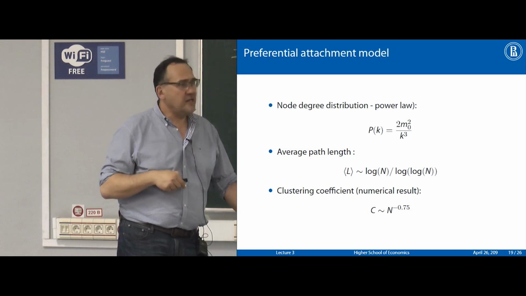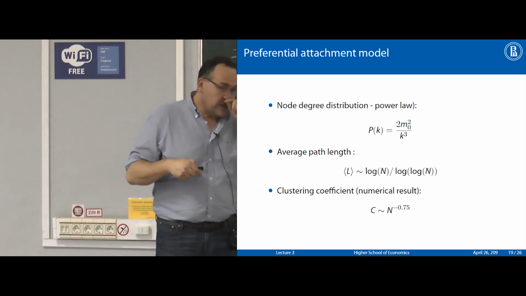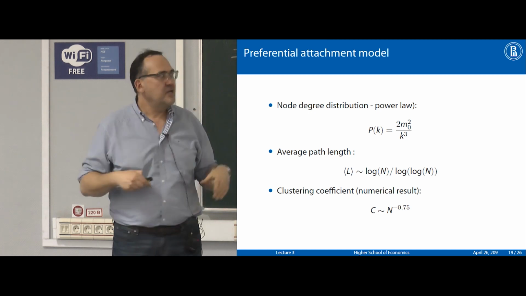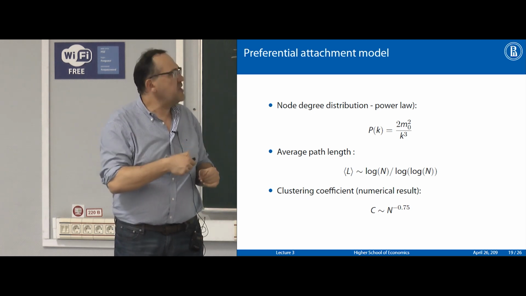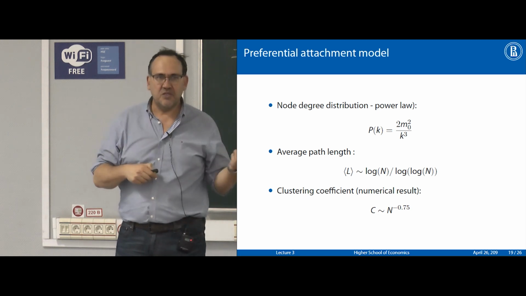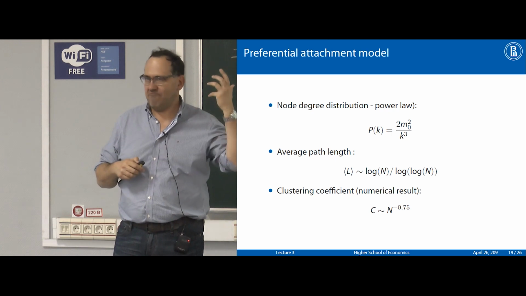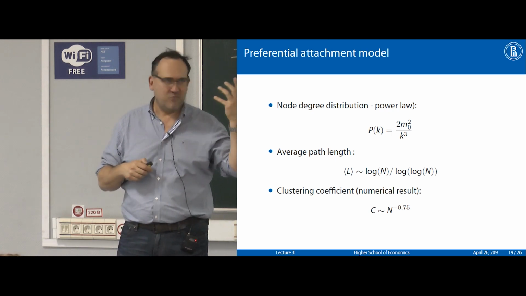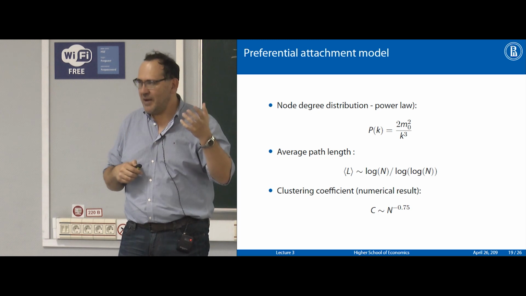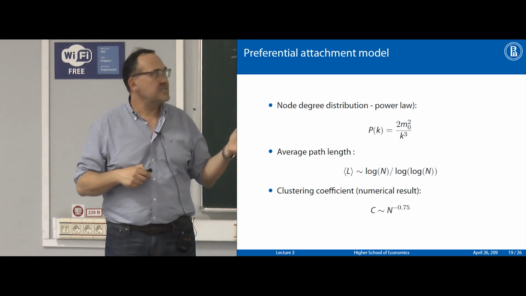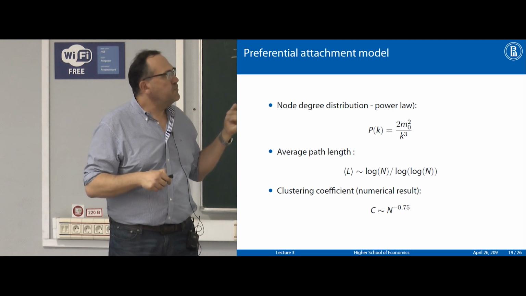So if we think about how well this model describes the real world, the networks that we see out there, it actually describes pretty well the node degree distribution, the fact that we do have those celebrities that have lots of connections, like most of the connections are to them. There are a few of those. And the majority of the nodes have low degree connections, and that kind of reproduces it.